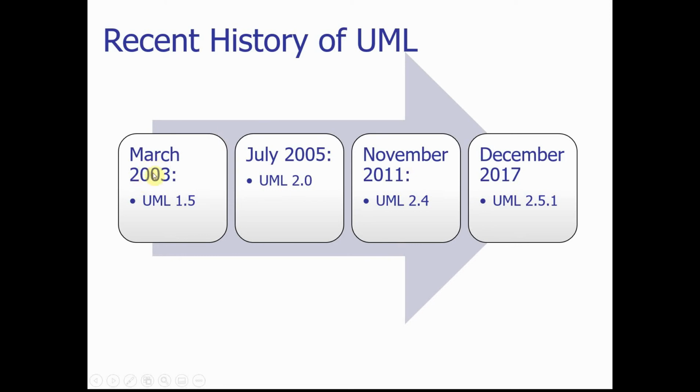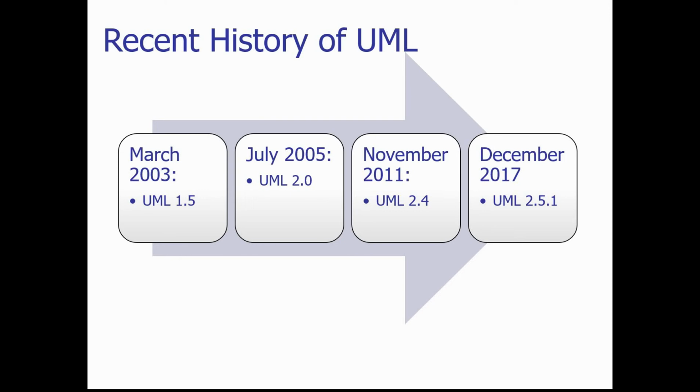In March 2003, UML 1.5 was introduced and was very popular. Two years later, there was a major upgrade from 1.5 to UML 2.0, with a lot of new things and new constraints, which I will show you in the next slide. Since UML became a standard and has been widely used, it's better not to change the standard so often.